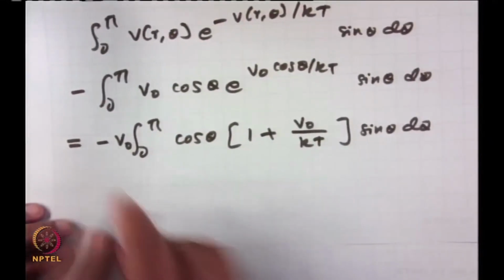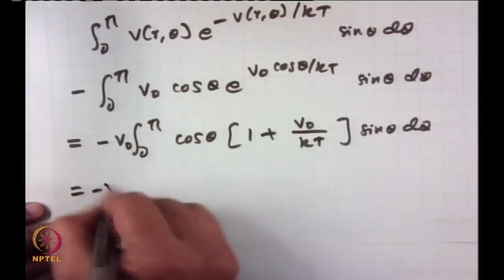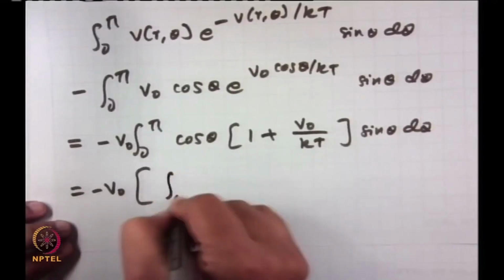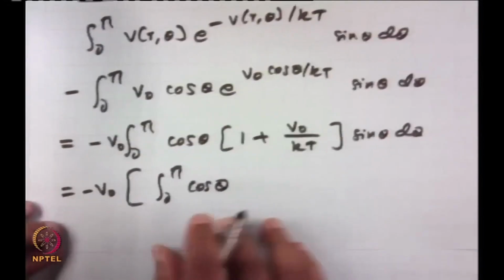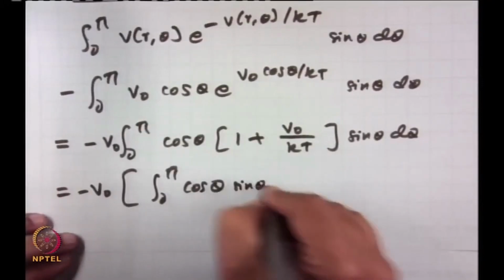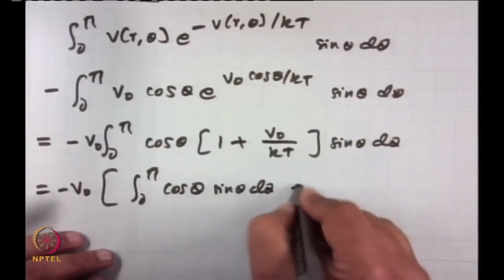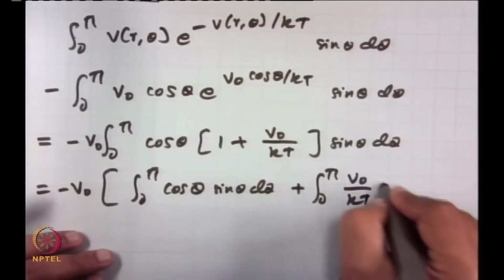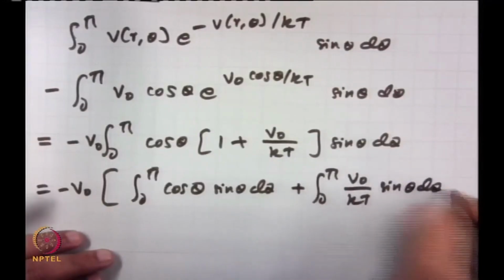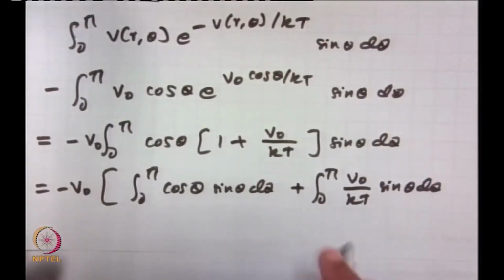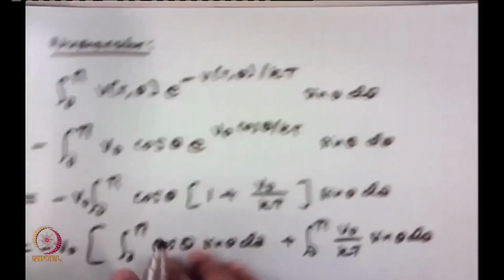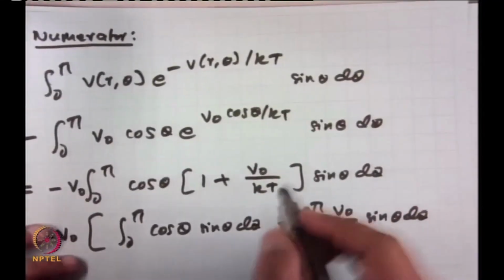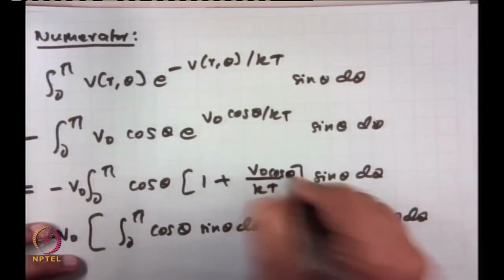With further simplification, I can write it as minus V0, then open large brackets, 0 to pi cosine of theta sine theta d theta, plus 0 to pi V0 by kT sine theta d theta. I missed one, did I miss anything? Just check. What I missed in this case is cosine of theta out here.